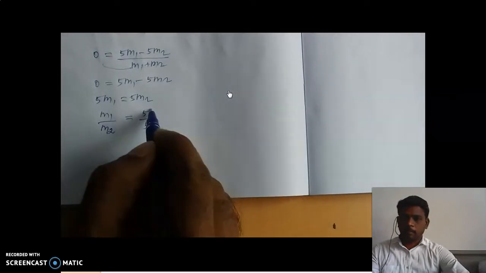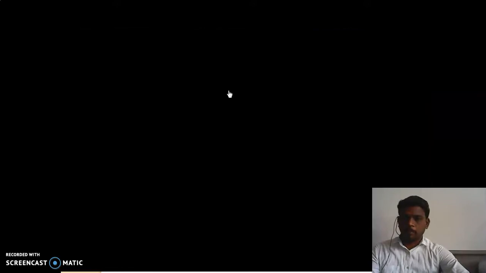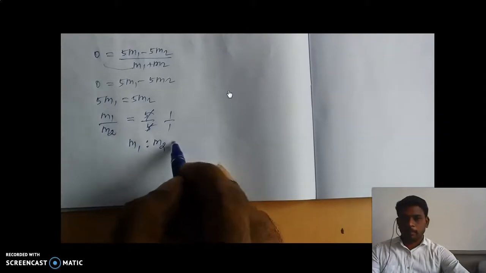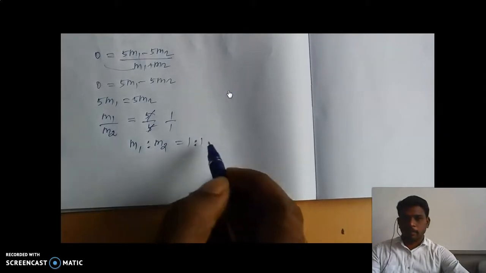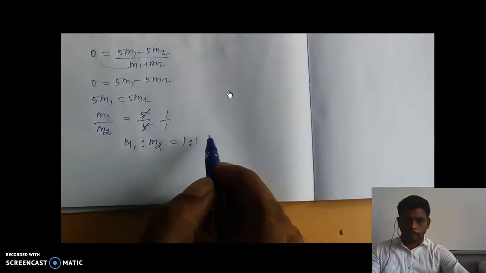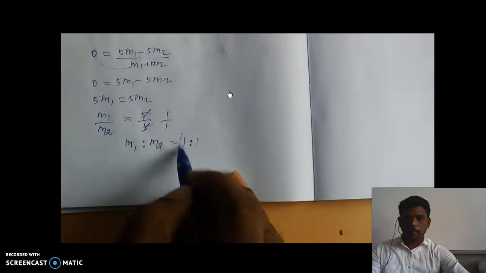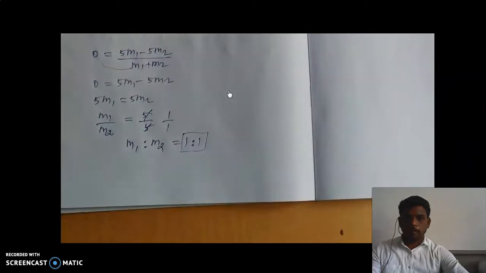So cancel these two: 1 divided by 1. Therefore M1 is to M2 equal to 1 is to 1. So what is the conclusion here? The point on the x-axis divides the line segment AB in the ratio 1 is to 1.